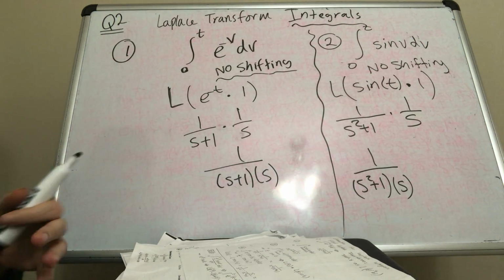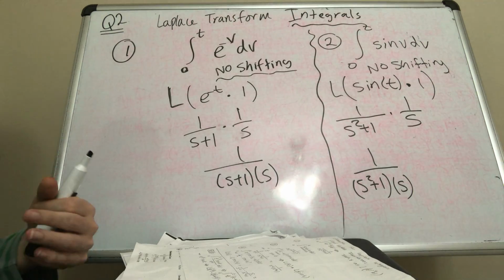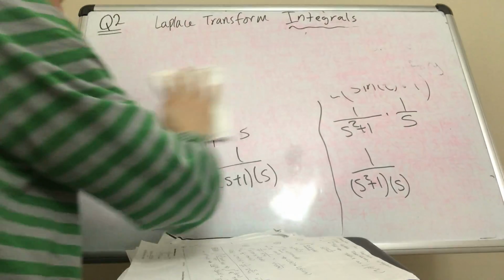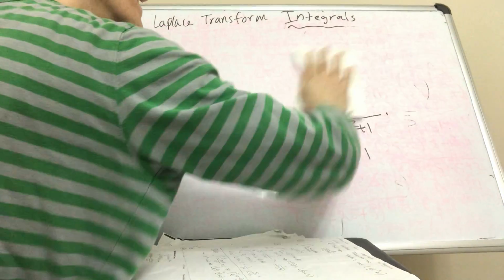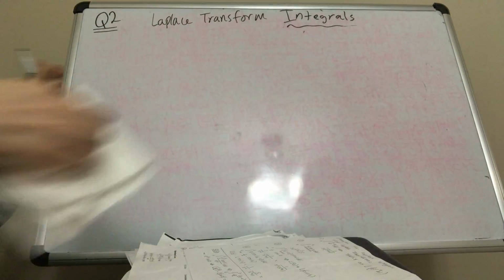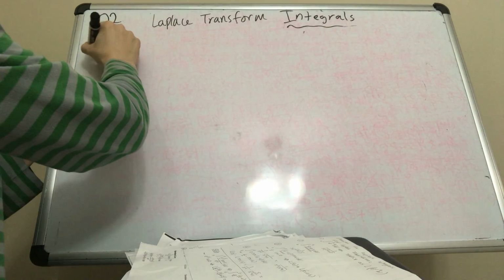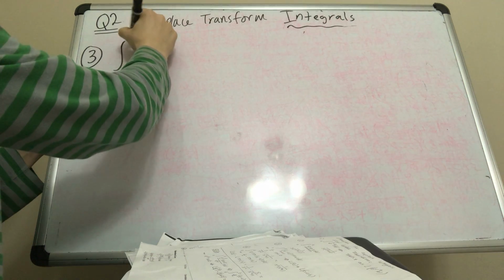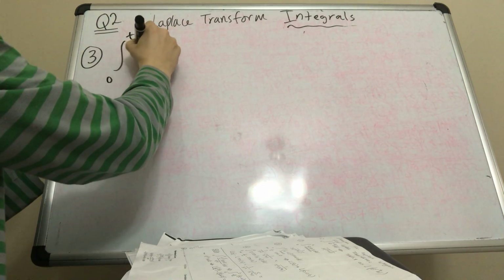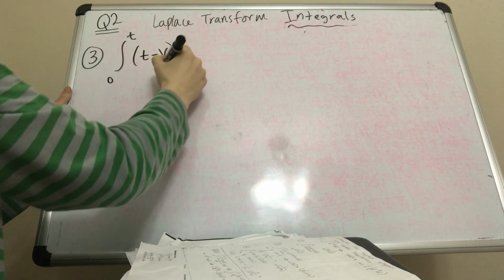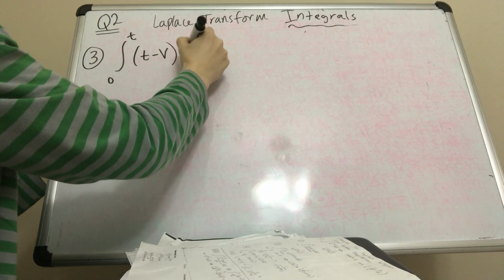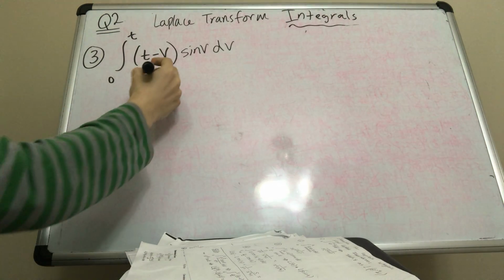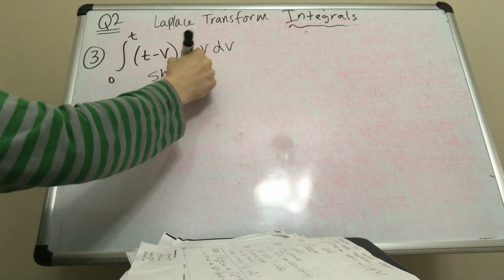Now, we'll do the one involving shifting. The integral of t minus v times sine v dv. So now we see shifting.